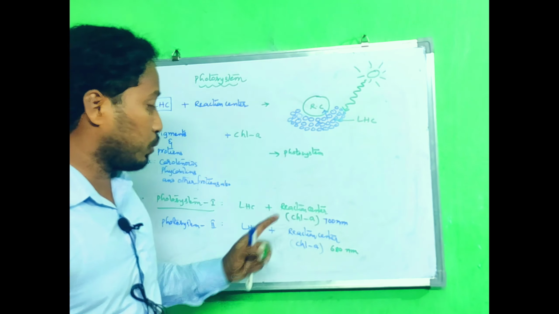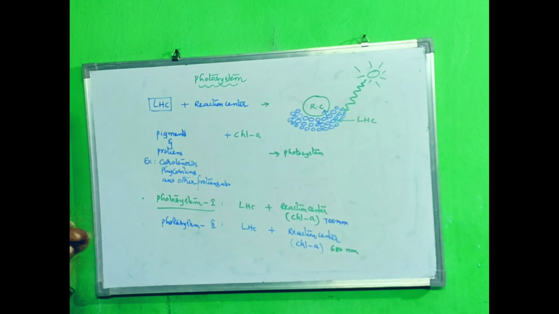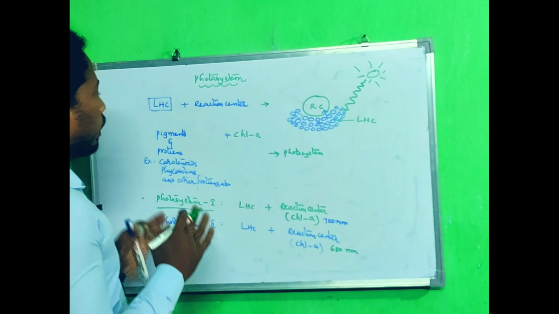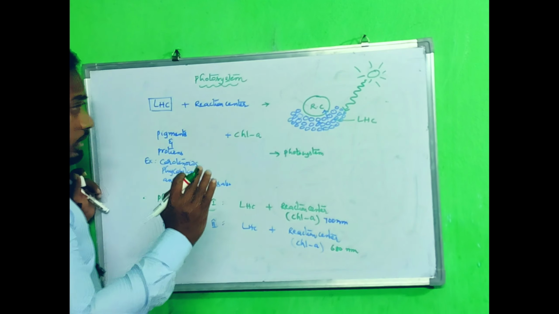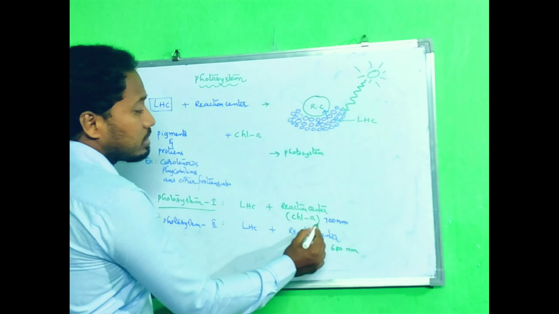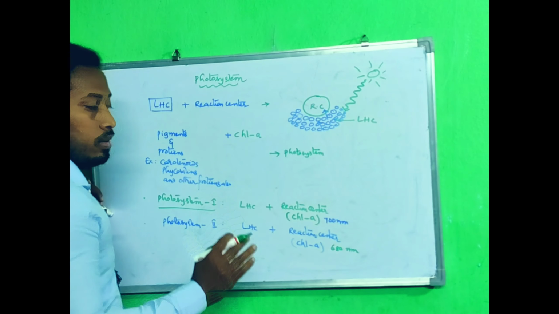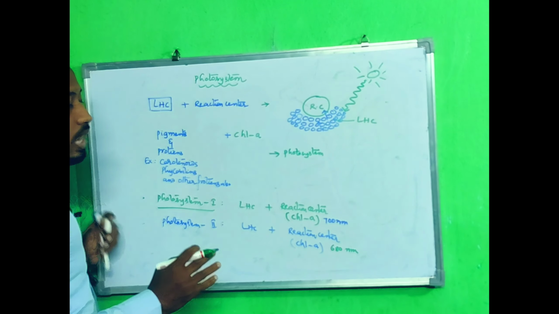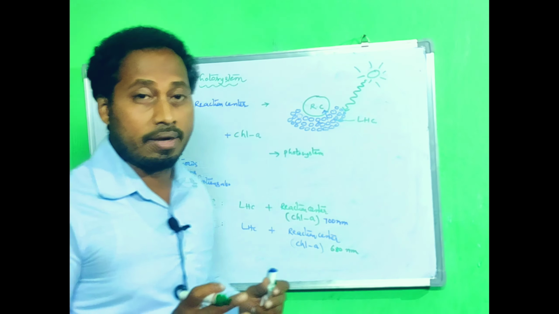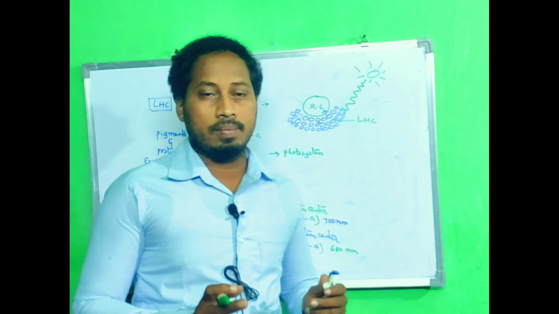So these are the two, photosystem 1 and photosystem 2. Simply, the reaction center will absorb 680 nanometers and 700 nanometers, at different wavelengths.